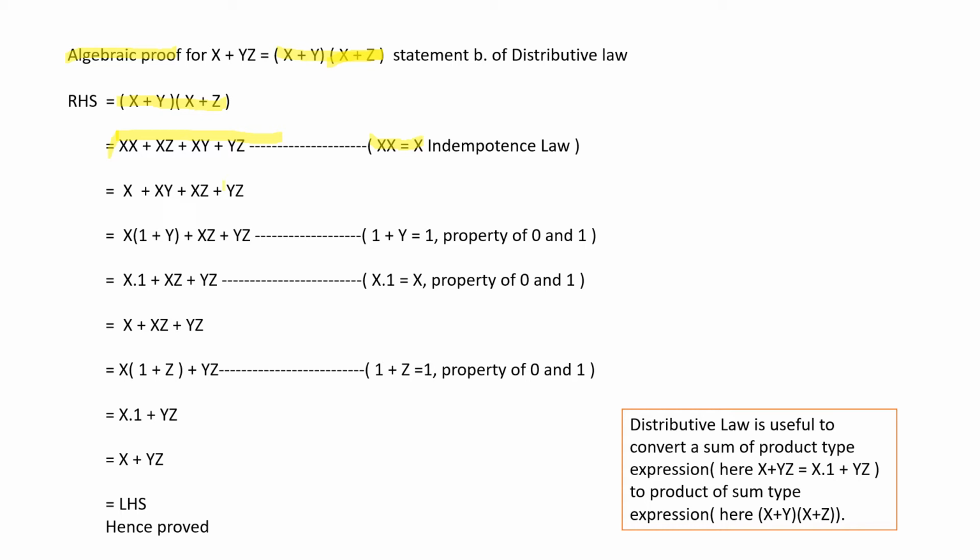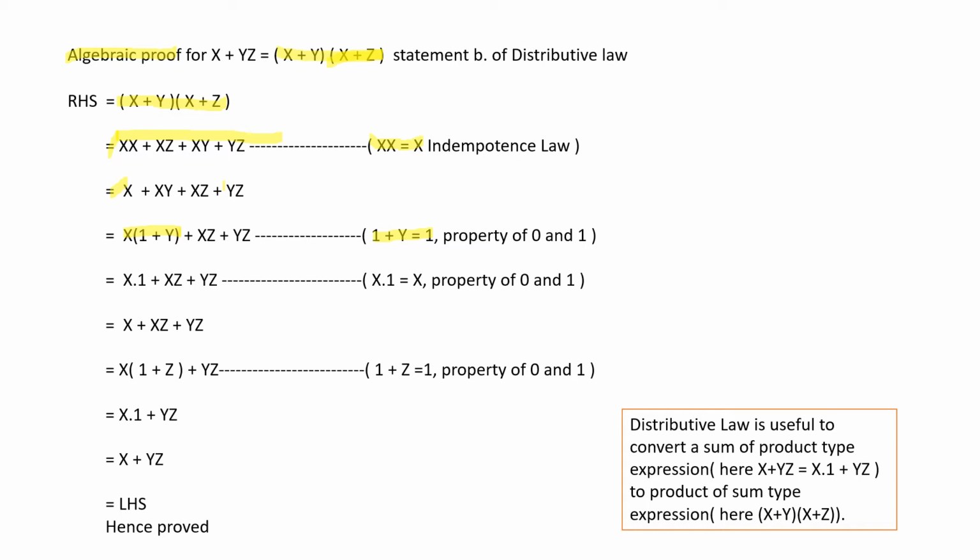After that, we take the Boolean variable x as common outside, and we get 1 OR y, followed by the rest of the expression which remains the same. According to the properties of 0 and 1, 1 OR y is nothing but 1, and we replace it in the next step.